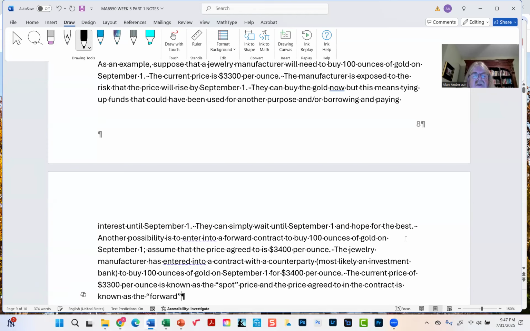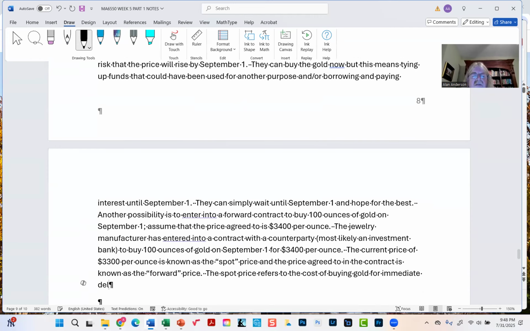The distinction between the two is when it is going to be delivered. The spot price refers to the cost of buying gold for immediate delivery, and the forward price is the cost of buying gold for delivery in the future.